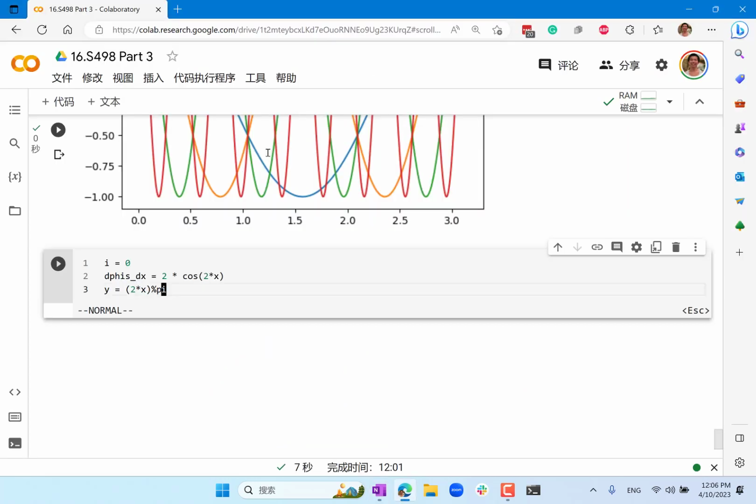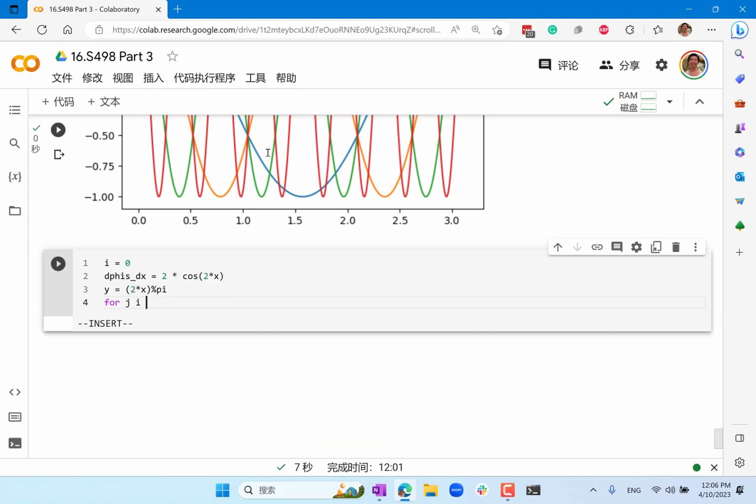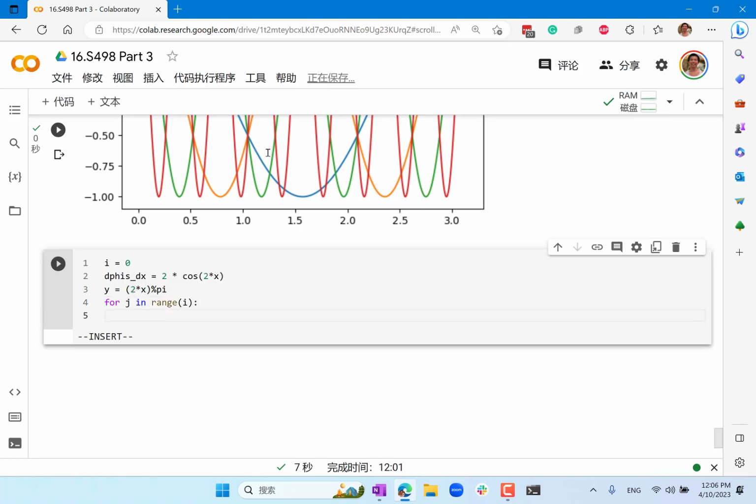So basically then for j in range I, yj is going to be equal to, let's say, I'm basically going to be applying this map I times. So I'm going to start with y, and I'm just going to say this is equal to 2y modulo pi.